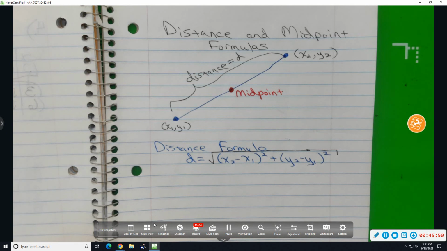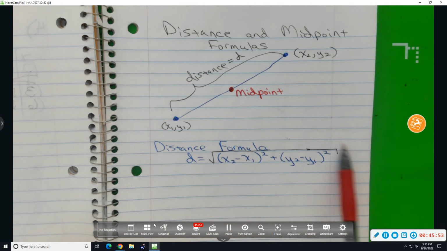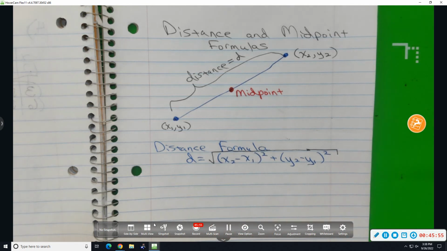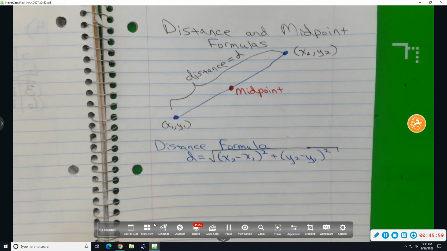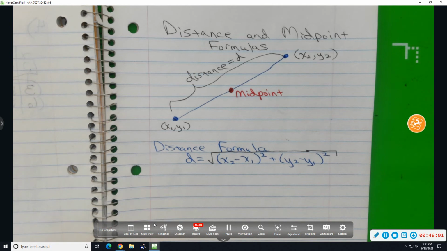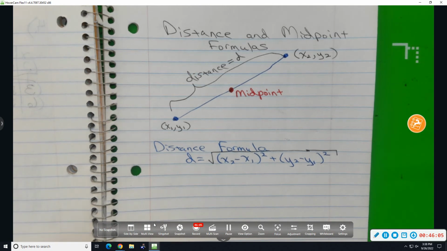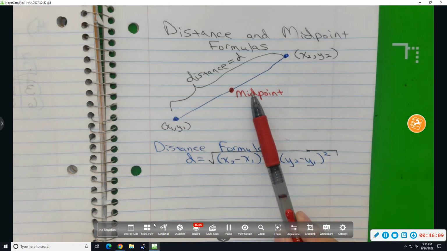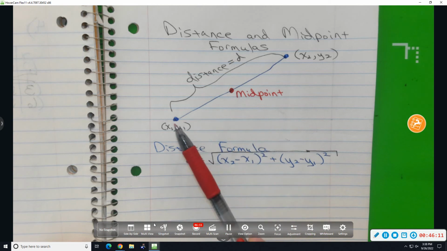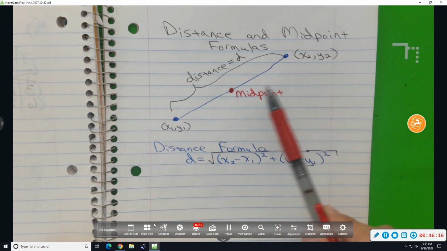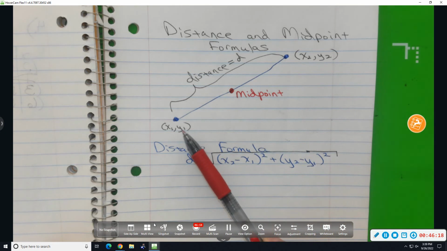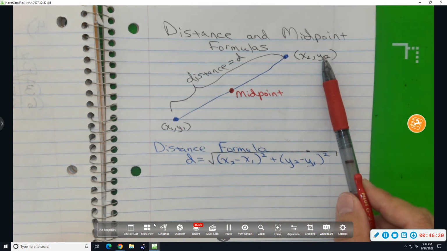This formula is derived pretty easily using the Pythagorean theorem. If you remember the Pythagorean theorem, a squared plus b squared equals c squared. The midpoint is the ordered pair whose x value is midway between the given x values, and the y value of the midpoint is the number that's midway between the given y values.